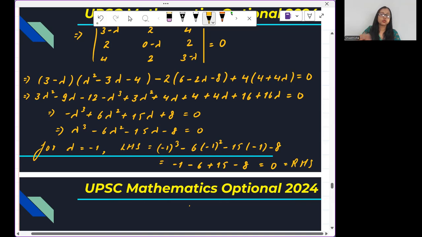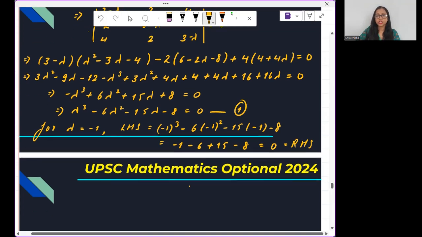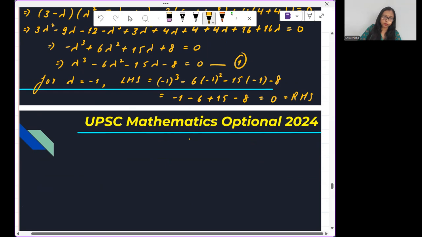So lambda equals minus 1 is one of the roots of equation 1.